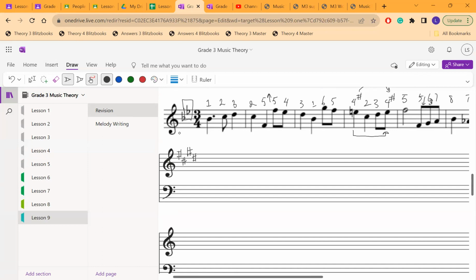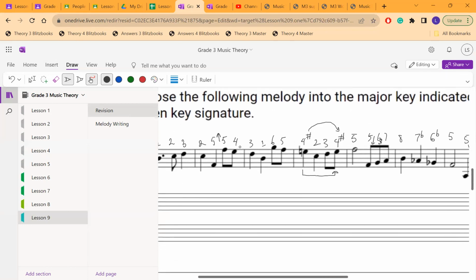For reference, and I recommend you do this as well, I'm going to write out the notes of B flat major, the key signature of 2 flats, C, D, A. Transpose this melody.